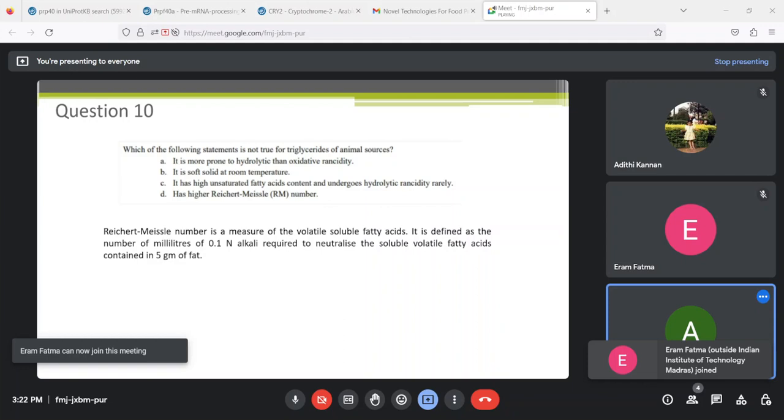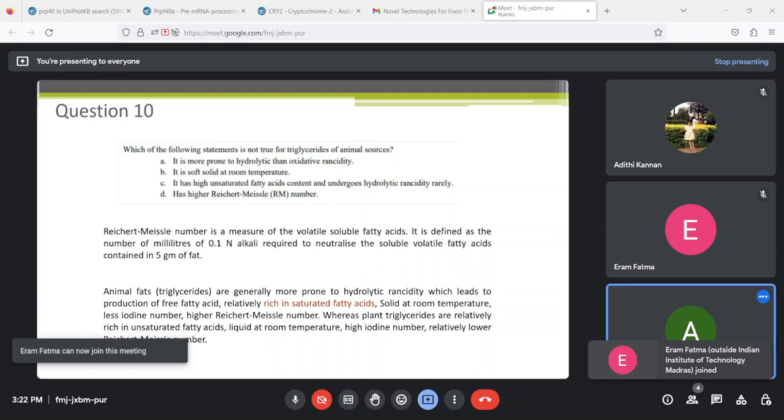So that is the triglyceride. Triglycerides from animal sources are generally known as fat, whereas those from plant sources are known as oils. So that is the first difference. Now we look at each and every property of the triglycerides from the animal source.